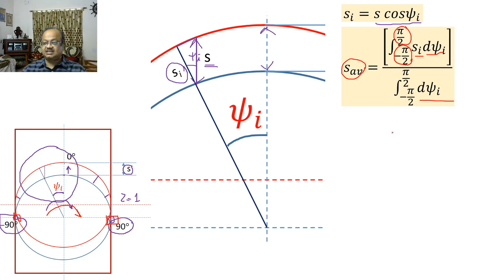If you do this integration, you will get the average feed as 2S divided by pi.